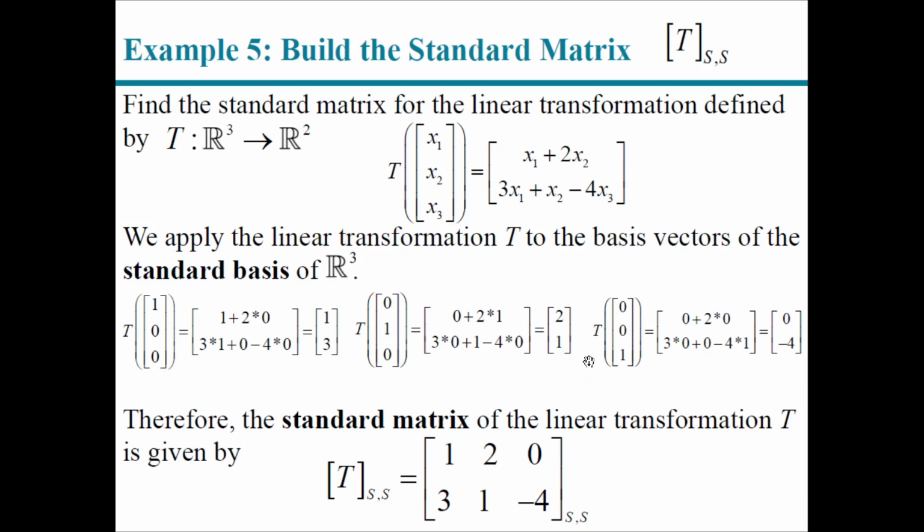Finally, I apply the linear transformation to the third standard basis vector, 0, 0, 1, and I get the image 0, negative 4, and this image goes into the third column of the standard matrix associated with the linear transformation T. So it's very straightforward. Apply the linear transformation to the basis vectors and put the images in consecutive columns of a matrix. That's how you get your standard matrix.